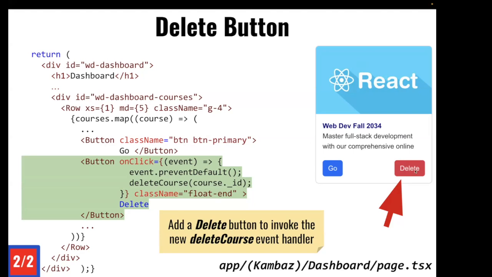The way React handles events is that it starts with the narrowest context of where the event occurred, which in this case is this delete button. Once the event is generated by a particular target, it bubbles up the DOM tree, starting at the leaves of the tree and going up all the branches, looking to see if there's any other element that cares about this particular event.